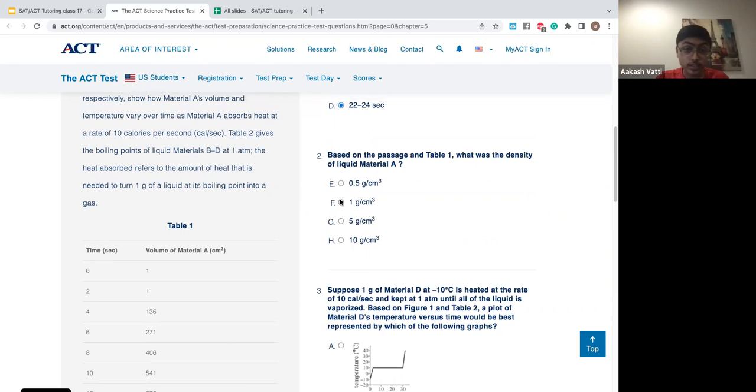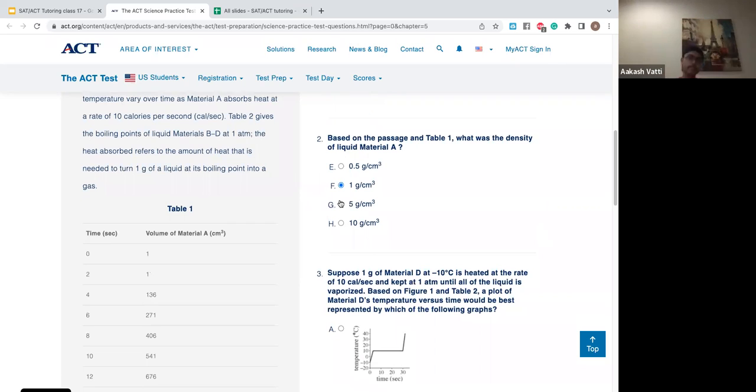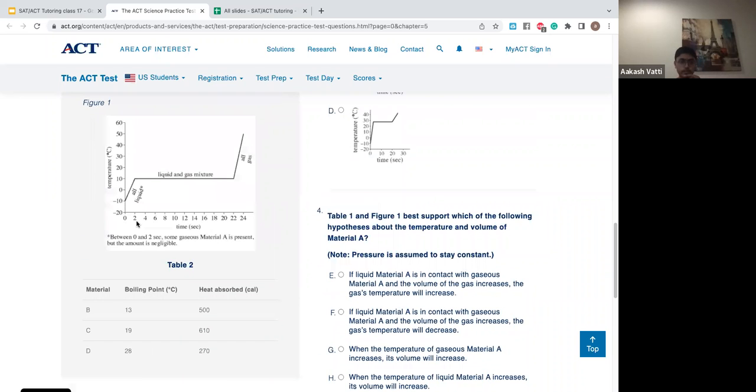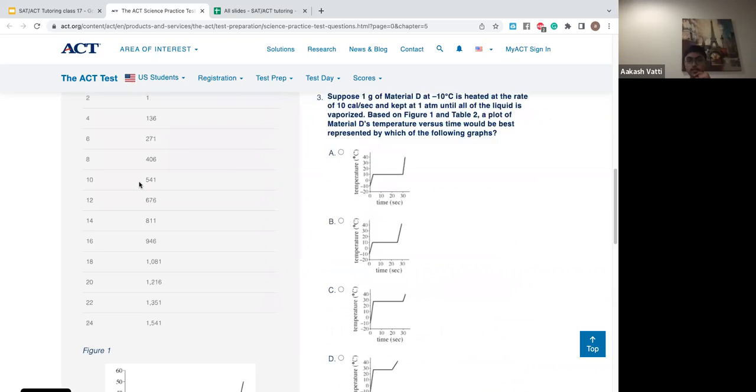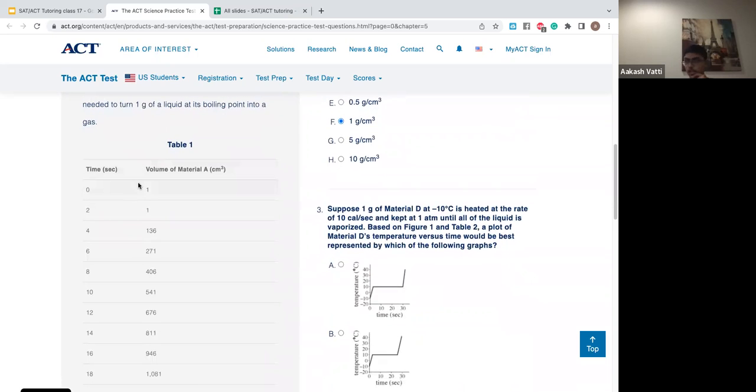And yeah, so for question 2, I would say the answer is F, because figure 1 shows that material A was in liquid phase from time 0 to 2. And table 1 shows that material A had a volume of 1 cm³ during this time. And according to the passage, the mass of material A was 1 g.